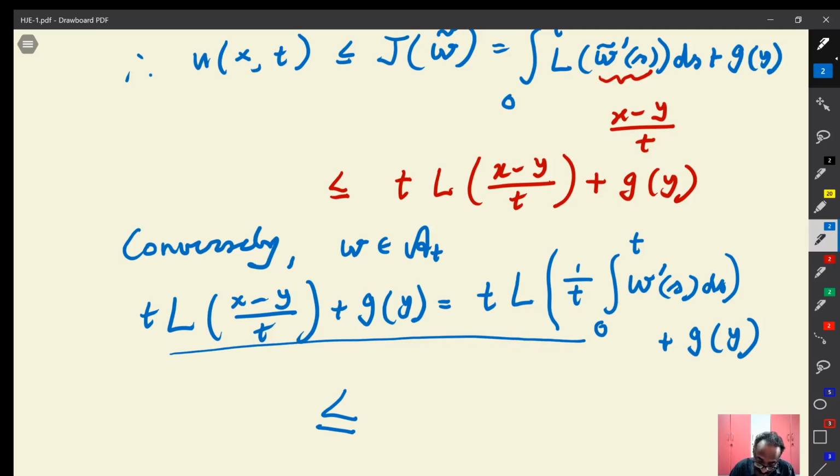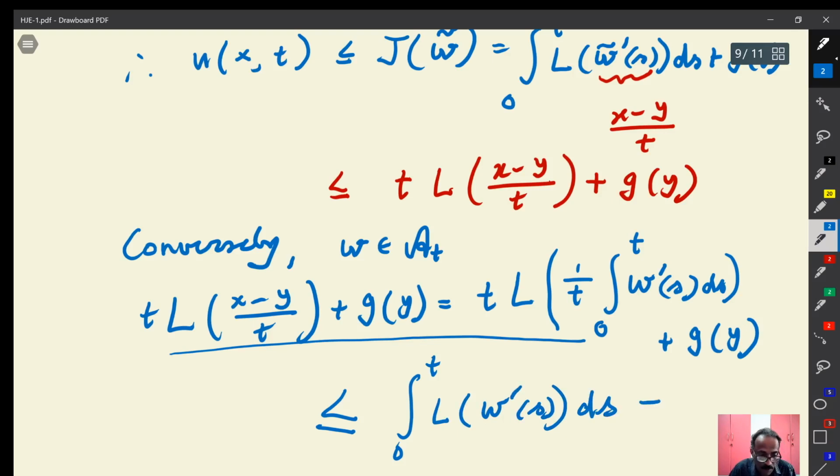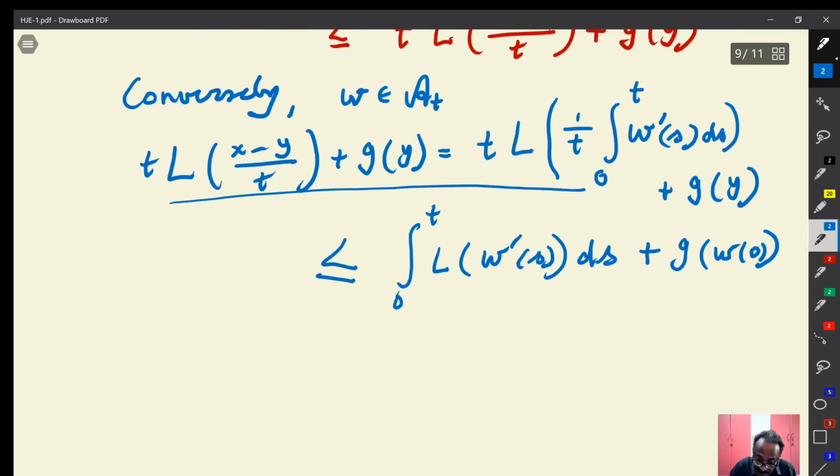When L is inside, t and t cancel, and it will be the integral from 0 to t of L of W prime of s ds plus g of y, which is W(0). So by Jensen's inequality you have this inequality proved. Jensen's inequality you should know; please refer to some other book.